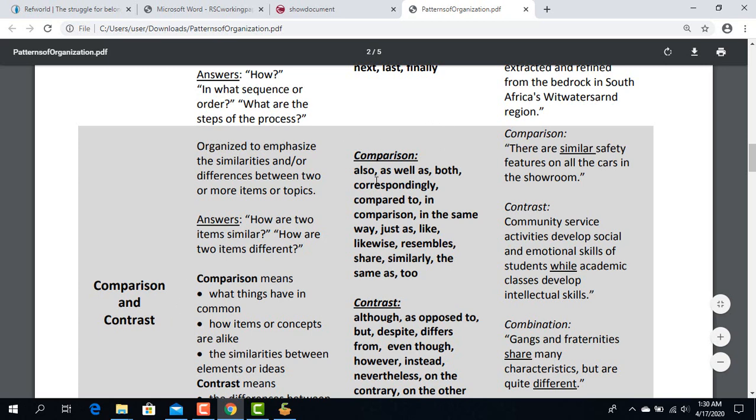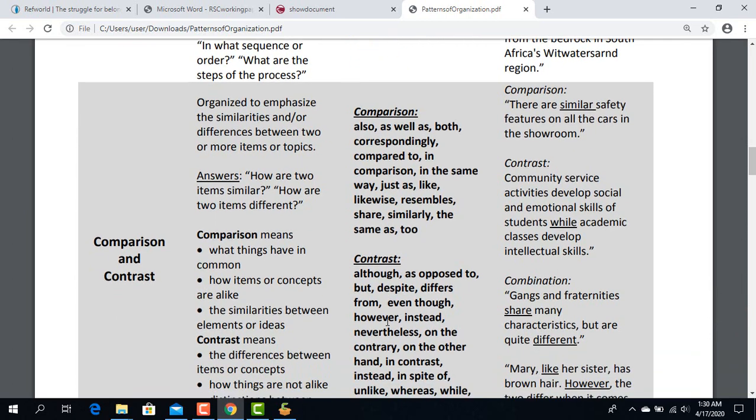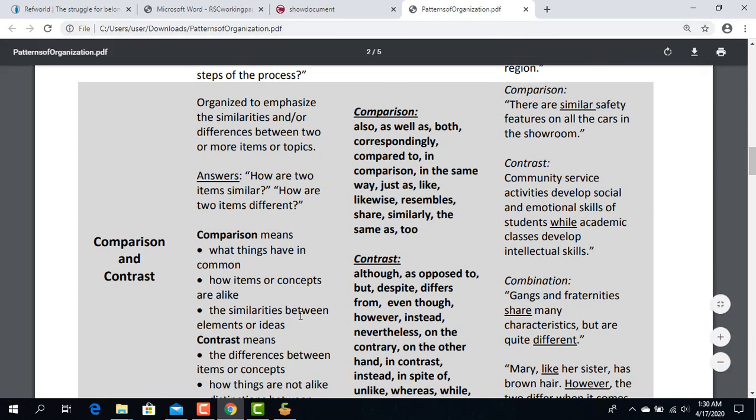Comparison is used when you show similarities: as well as, both, compared to, comparison, in comparison, in the same way, just as, like, likewise, resembles, etc. When you show differences, then you use although, as opposed to, but, differs, however, nevertheless, on the contrary, on the other hand, in contrast, etc. So sometimes you have a paragraph with only comparison, sometimes only contrast, and sometimes comparison and contrast. Okay, example.